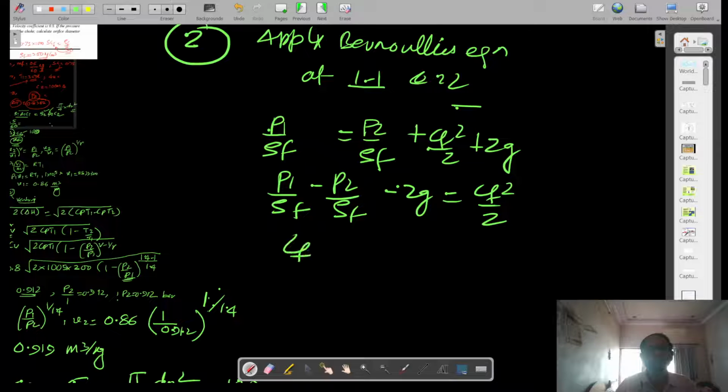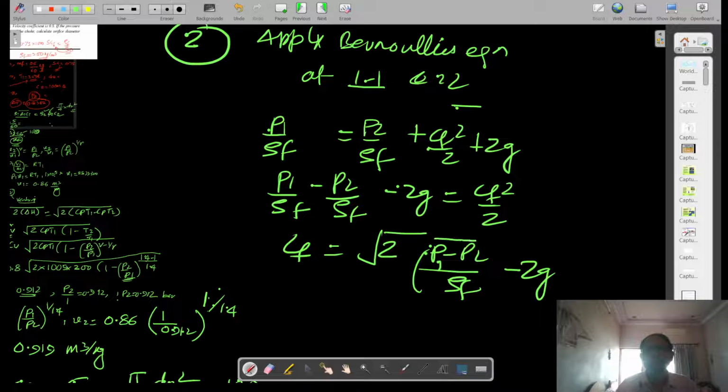So Cf, if I want to find out, I can write as the square root of 2 times (P1 minus P2) by rho f minus Zg. This is the value of Cf.